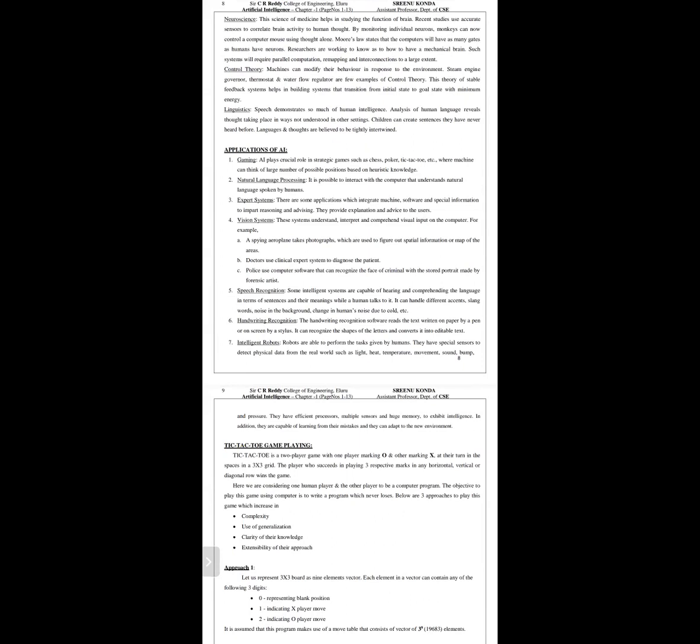So these are some of the characteristics of intelligent robots: efficient processors, multiple sensors, and huge memory.